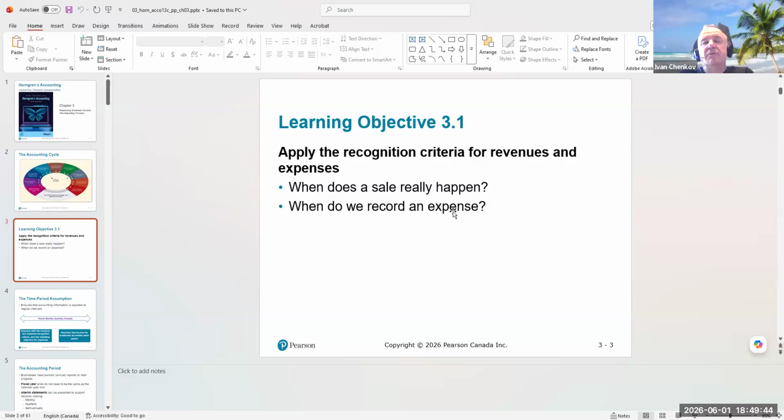Before we decide what kind of adjustments we have to do, we have to go back and talk a little bit about revenue and expenses: when revenue is revenue, when expense is expense, when the sale happens and we recognize the revenue, and when the expense happens and we record the expense.